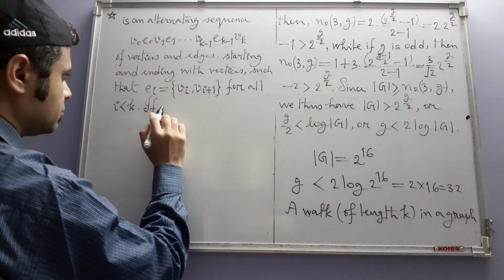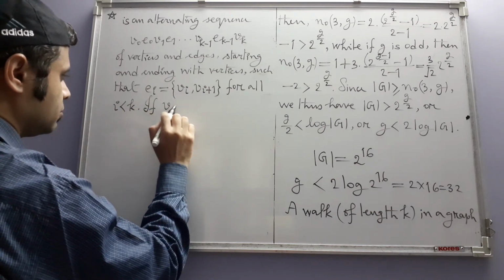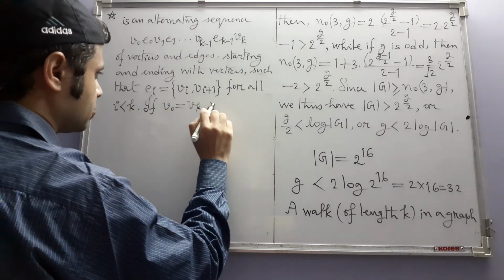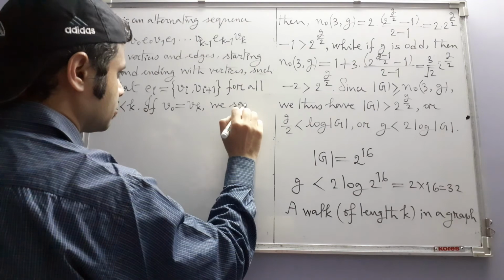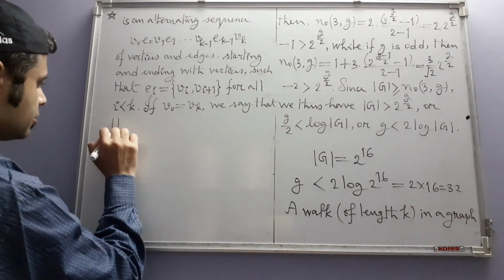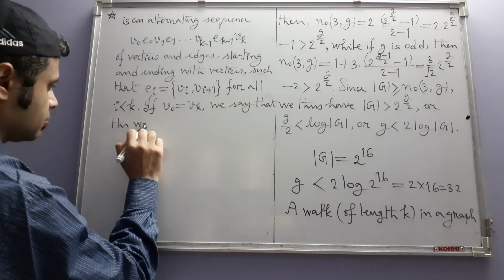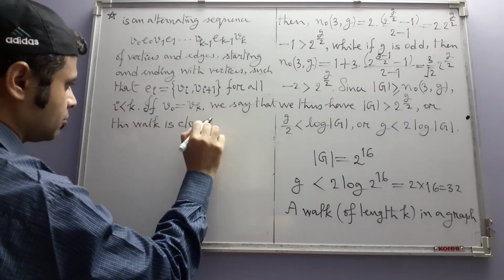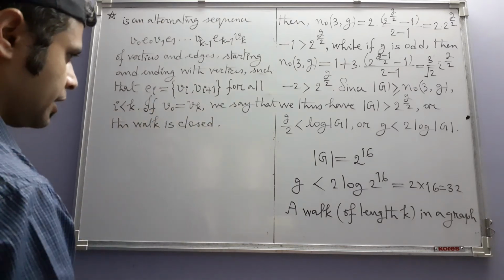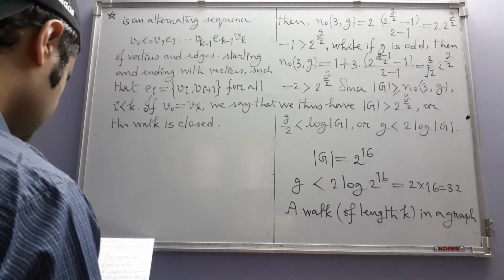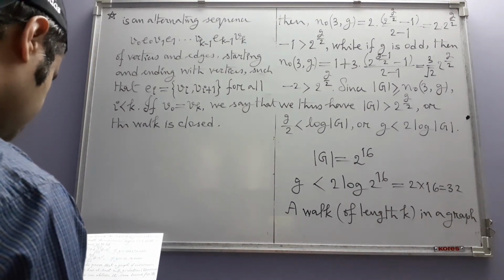If V naught is equal to Vk, we say that the walk is closed. A closed walk and open walk, natural terminology.